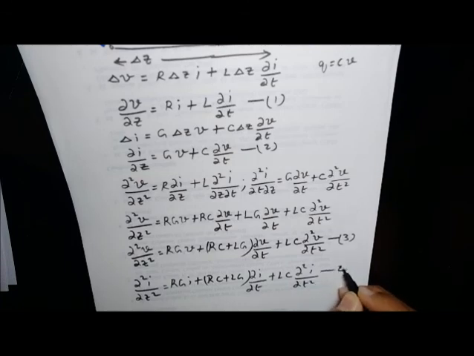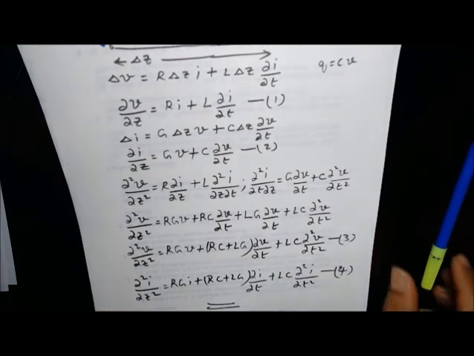This is equation 4. So these are the transmission line equations. We will discuss the solution of this for a few specific cases later. We derived the transmission line equations, and if you take a look at them, you can see that they are basically wave equations.